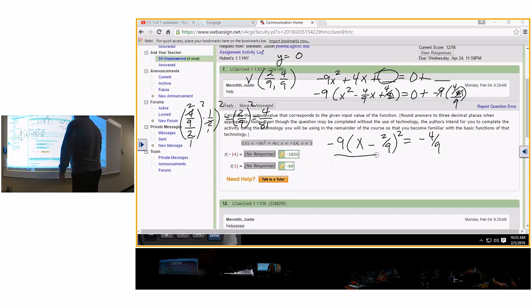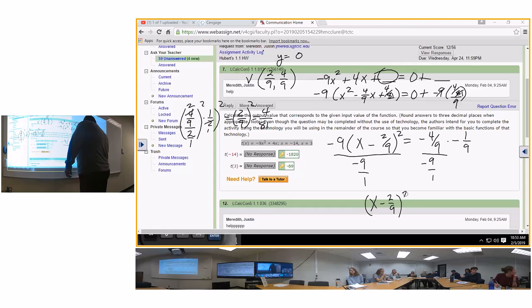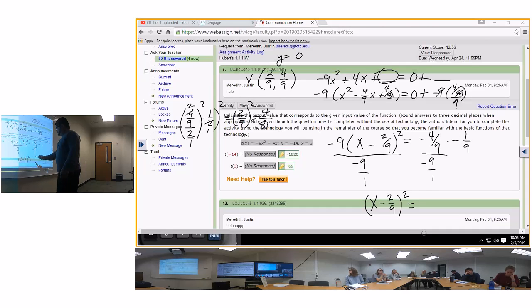Hey, look what happens here. That negative 9 turns this into a what? Hold on. A positive what? Number, which means I have x-intercepts. What does that give us? 4 over what? 81? Yep. Hot dog, that's a perfect square.